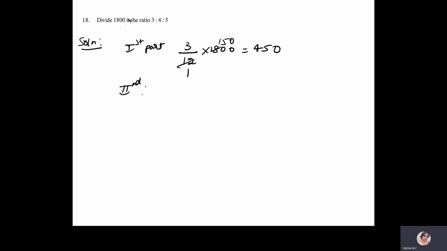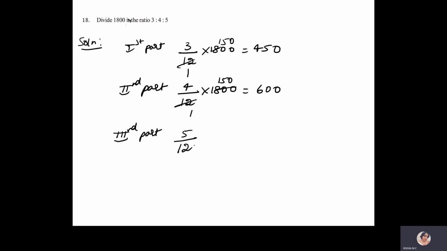The second part, consider the second number 4 divided by total, same 12 into 1800. So same again, it is 150 into 4, 600. Third part, the last number 5 divided by 12 into 1800. So 12 into 1, 12 into 150, that is equal to 750.